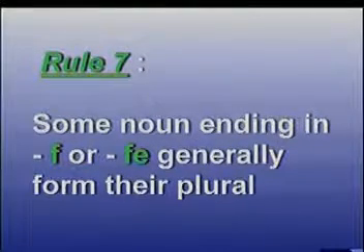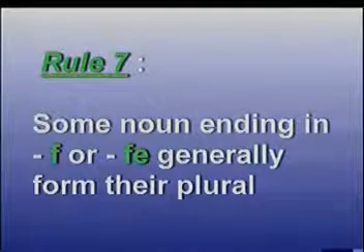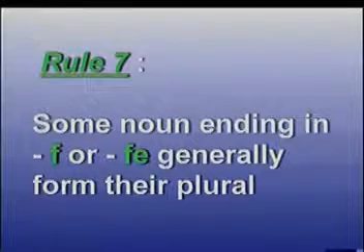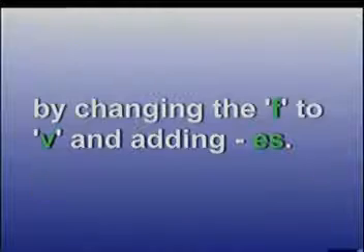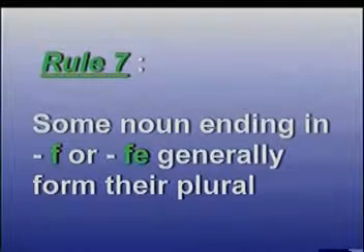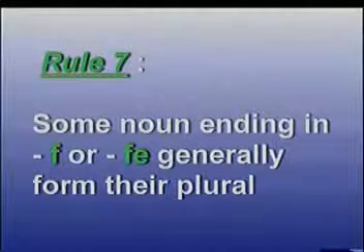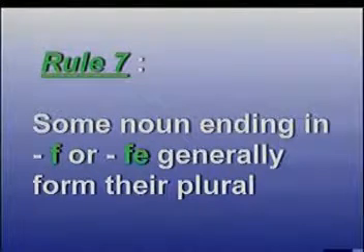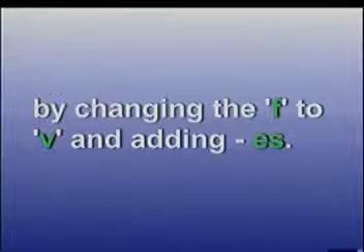Rule 7. Some nouns ending in f or fe generally form their plural by changing the f to v and adding es.